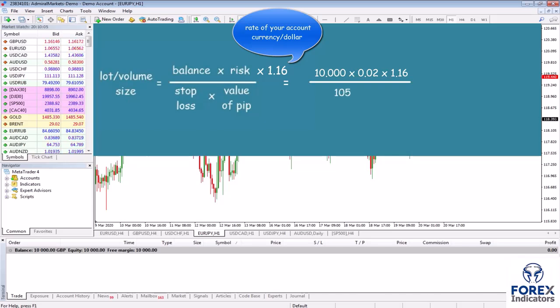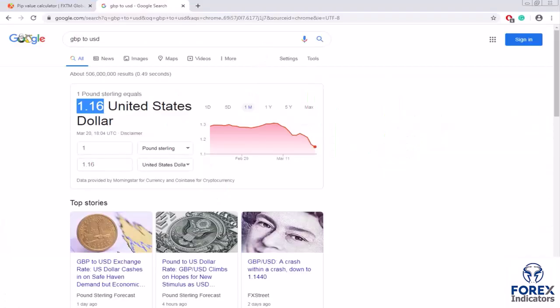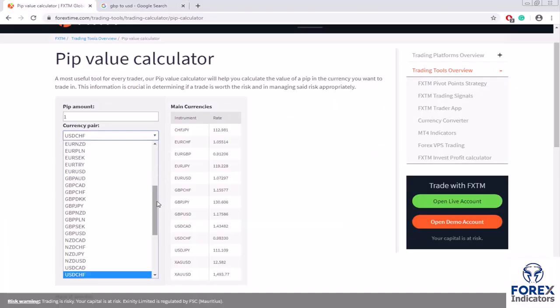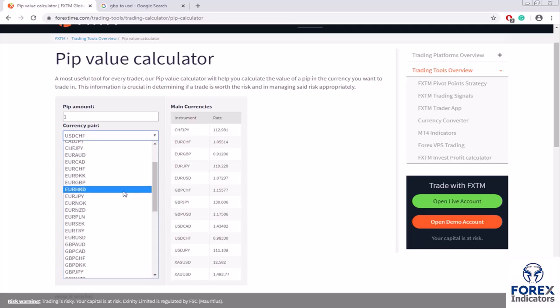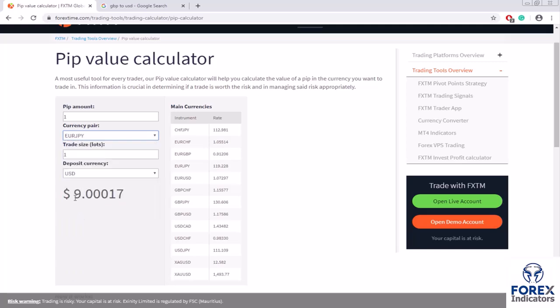105 times the value of 1 pip for the Euro Japanese Yen. The value of 1 pip is 9.00017, which means 9.